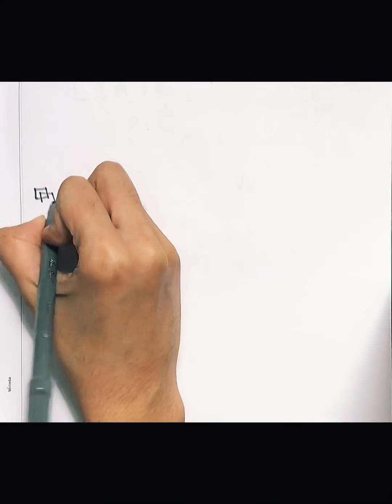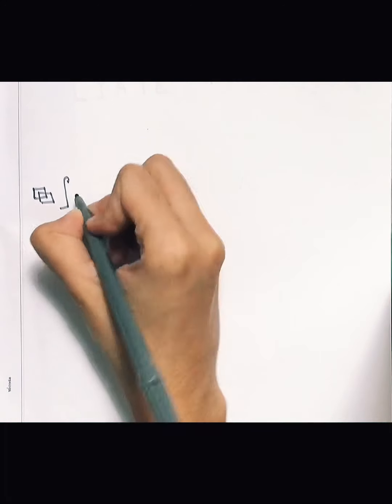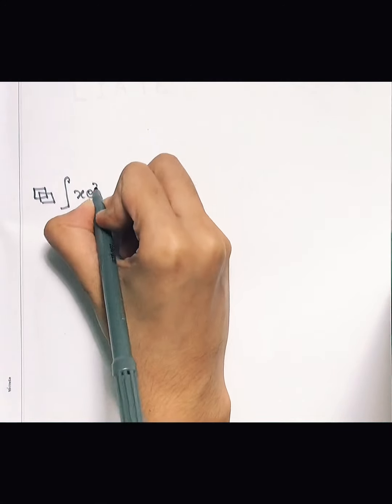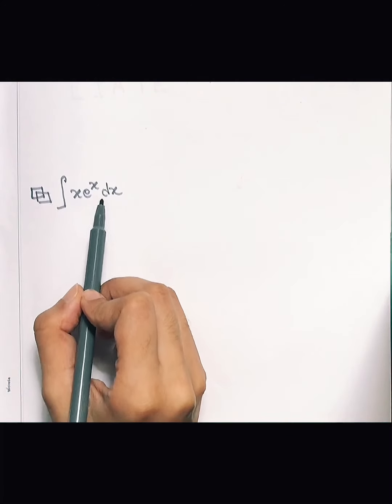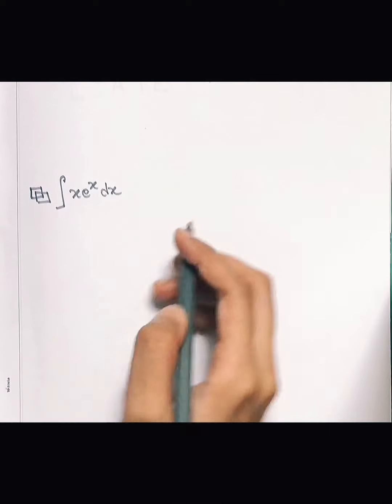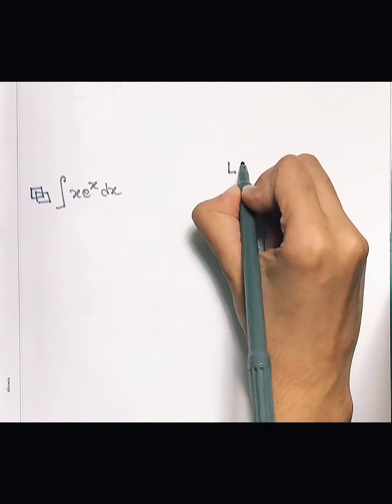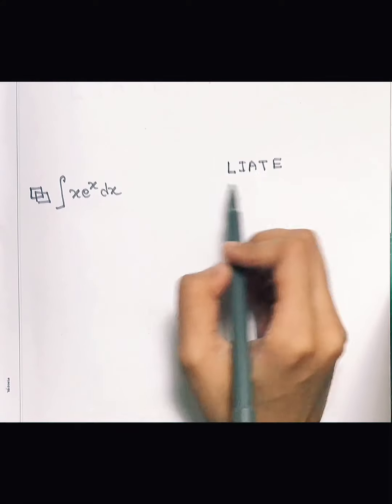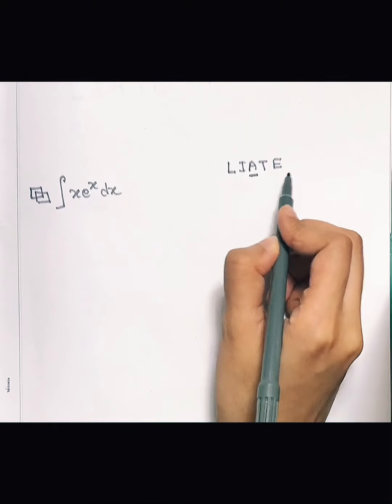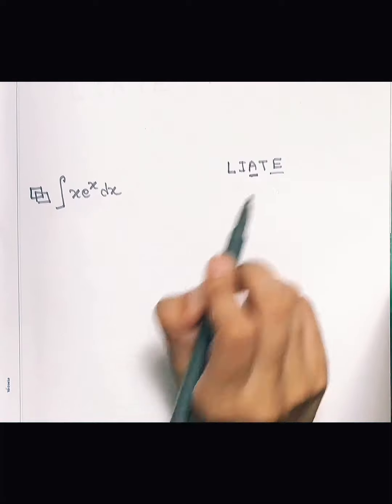Let me take another example, which is integration of x e to the power x dx. Here I will have a u and a dv. If I follow the LIATE rule, I have an algebraic function and an exponential function.